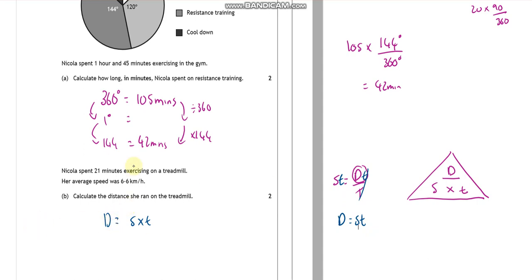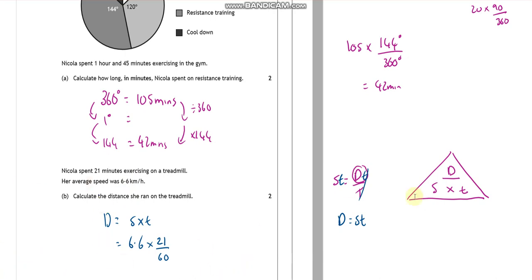What is my speed? Well, it's 6.6 kilometers an hour, and I'm traveling for 21 minutes. So the 21 minutes, I can't really just times it by 21. I need to put that as a ratio of an hour. So you're saying the time is 21 out of 60. If you just put 21 in, that would imply 21 hours because it's 6.6 kilometers every hour.